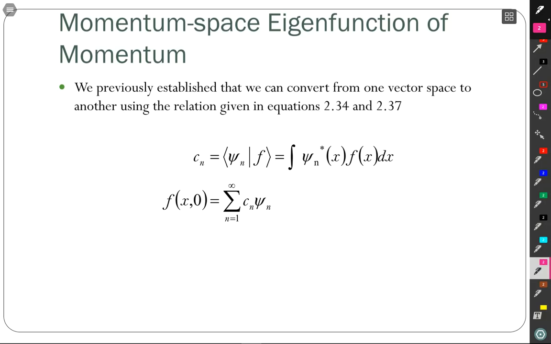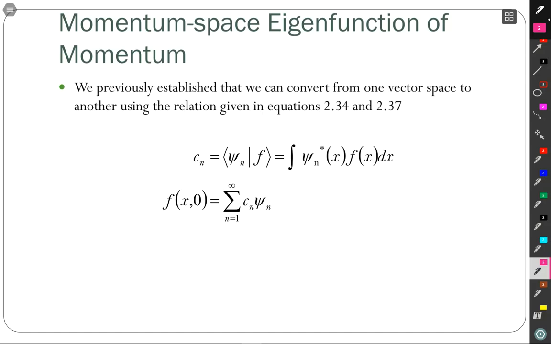So we learned before that if our eigenstates, our wave functions, are complete, they span all space, then I can write, as Dirichlet said, any function as a linear combination of those different eigenstates.